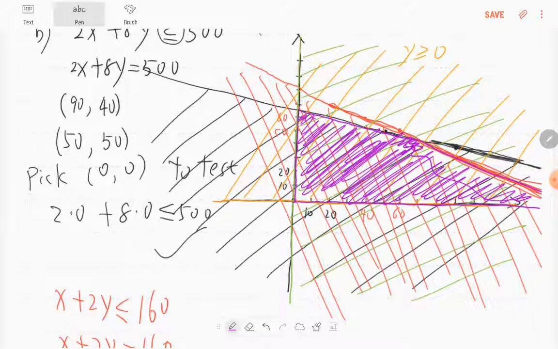This is the region, the feasible region.